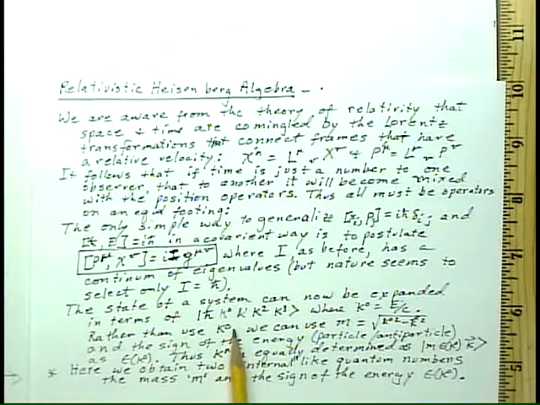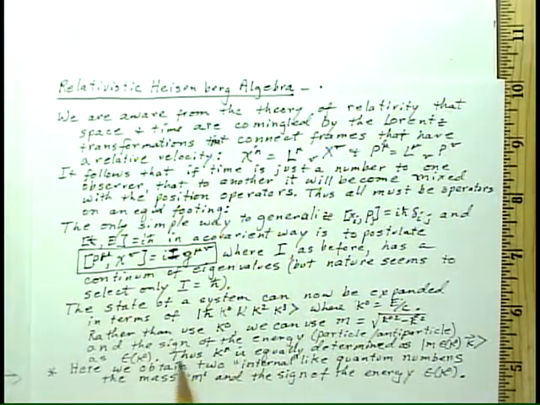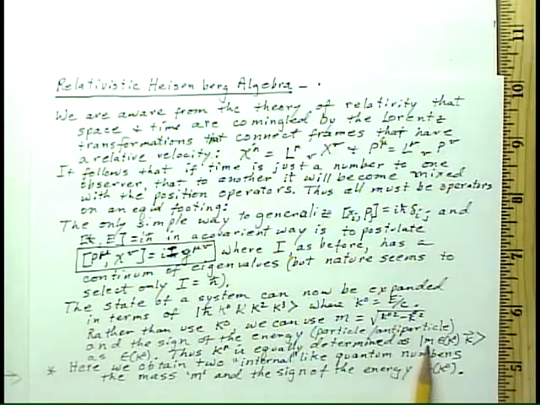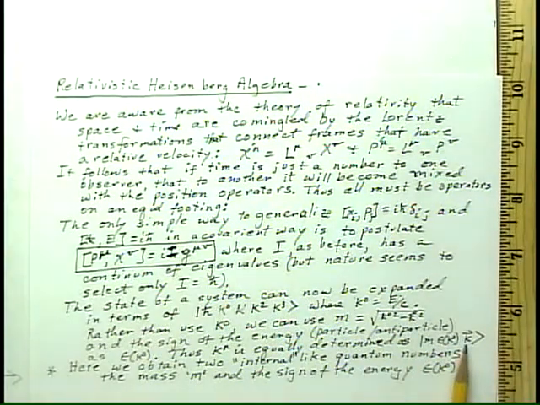Now rather than use k naught, which has a continuum from plus infinity to minus infinity, remember, we could use m, which was the square root of k naught squared minus k vector squared, but we would lose the value of the sign of the energy. Thus, we must also replace that sign of the energy in using the mass in the following way. Rather than using k mu like this, we must use mass, sign of the energy, and k1, k2, and k3, which is a k vector.